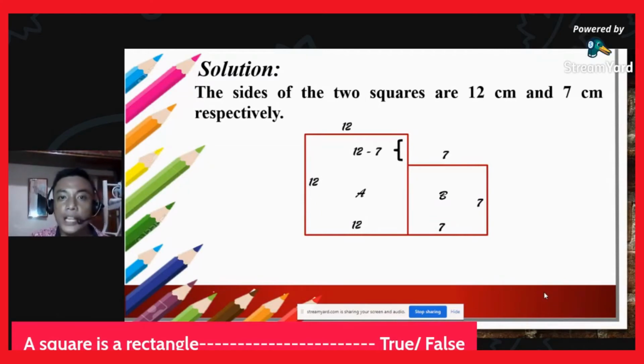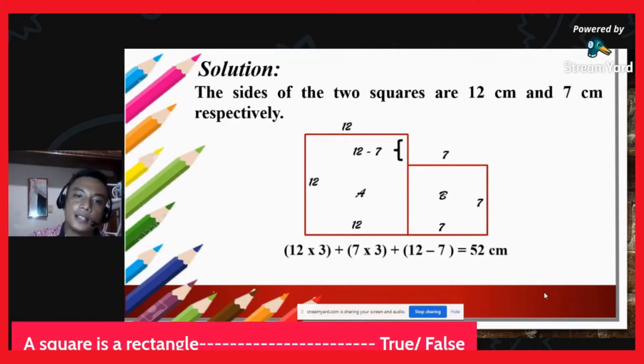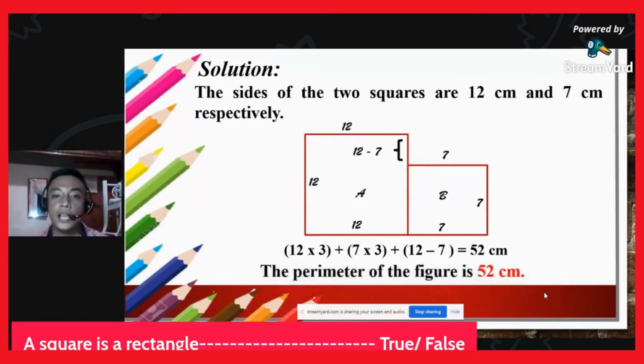So we are now ready to compute the perimeter of the two squares. Simply, 12 times 3 plus 7 times 3 plus 12 minus 7 will give us 52 centimeters. So the perimeter of the figure is 52 centimeters.